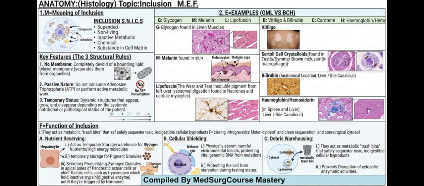And then vitiligo too can also shield. Are you seeing it? Nutrient reserving. C for what? C for cellular shielding. It shields the cell. And then D for what?